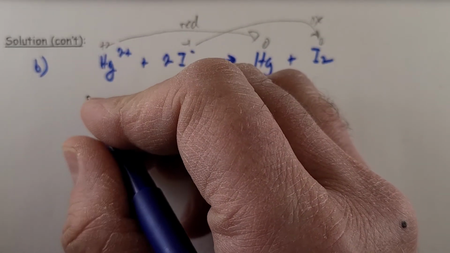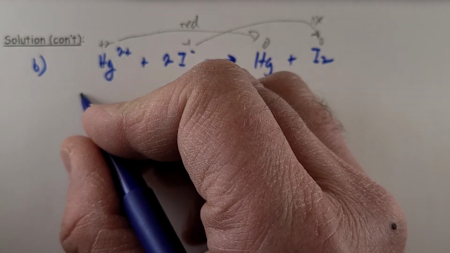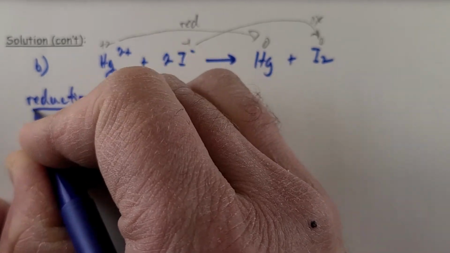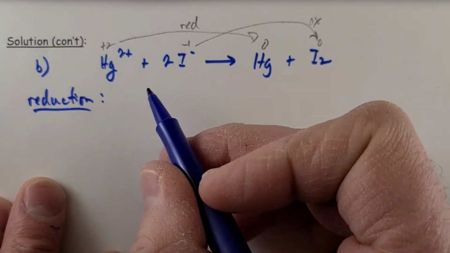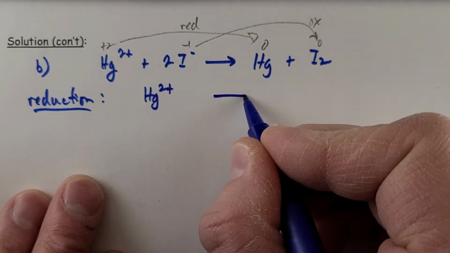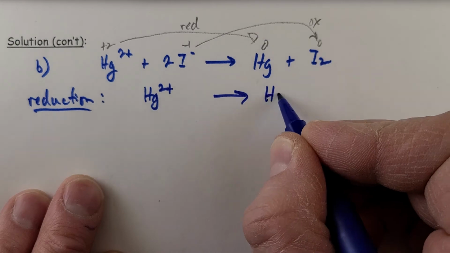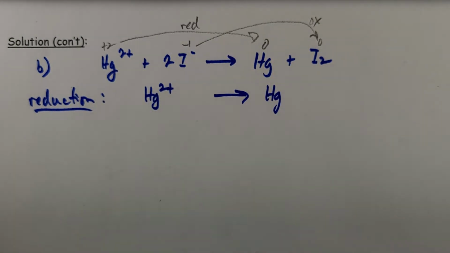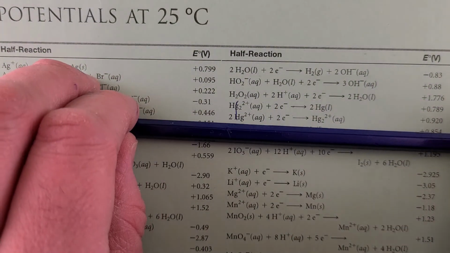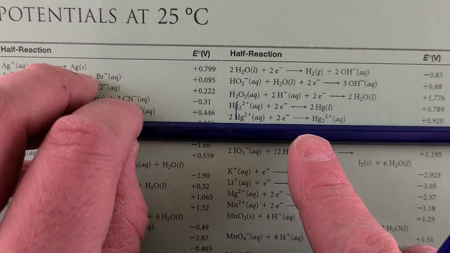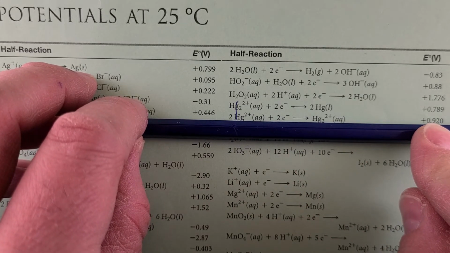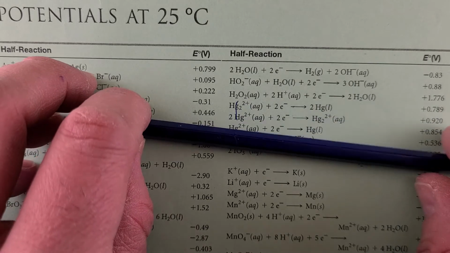So we can set this all up. Let's set up the reduction here. I'm not going to write cathode and anode this time. So reduction, so mercury, Hg2+ is going to be going to Hg. So there should be 2 electrons there. Let's double check. Right here, so 2 mercury plus 2 electrons, giving us liquid mercury, which is what we have, and that's going to be plus 0.789.